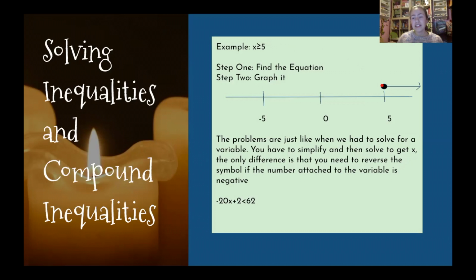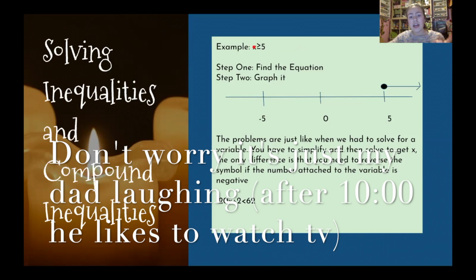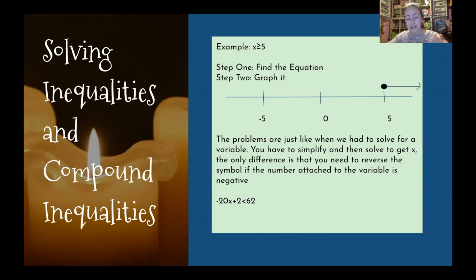And if the x is on the left, like in this case, then the arrow is going to be going the same way as the inequality, which is a good hint if you forget how to do it. Also, if there's a line under, it would be closed, and if there's no line under, then it would be an open circle.